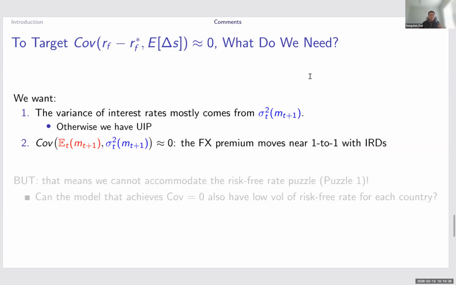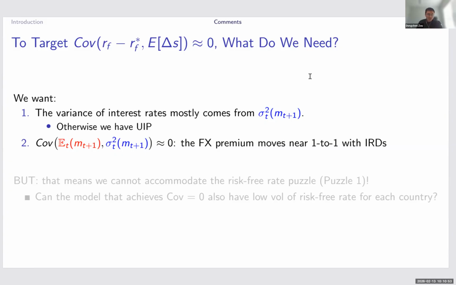Once we have that, we have a problem, because what we want is to have this variance of interest rates mostly coming from the variance in the SDF. Why? Because if it is mostly coming from the mean differences in SDF, then we will have UIP.